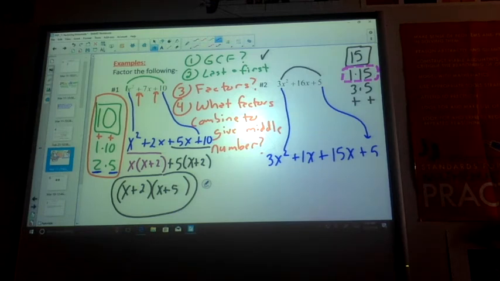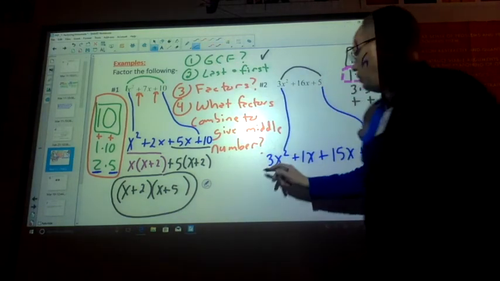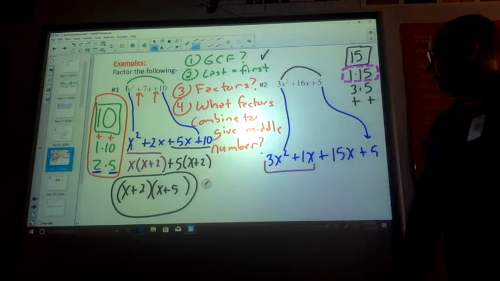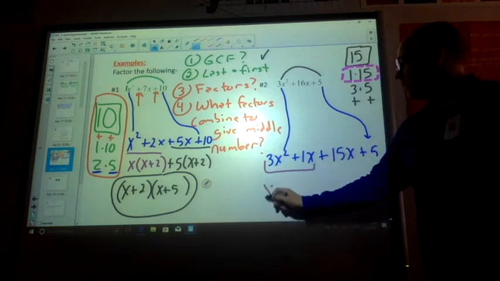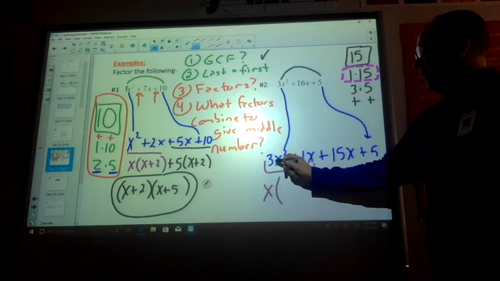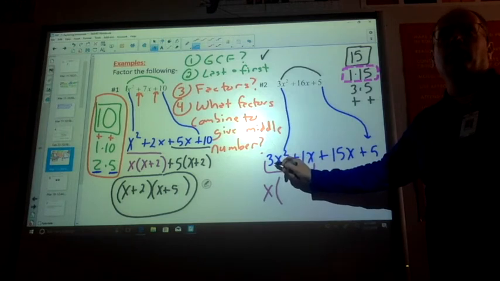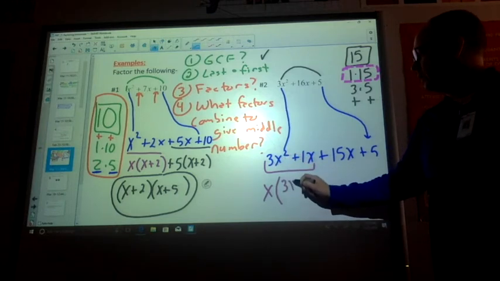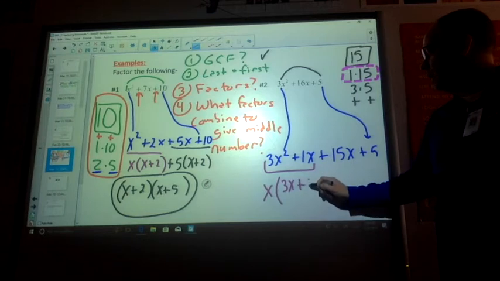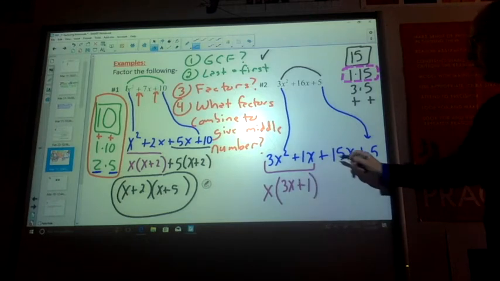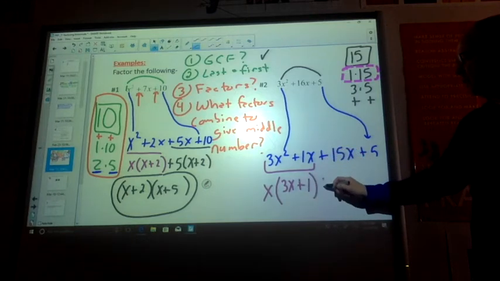Okay? So on these first 2 right here, what do I have in common? X. If I factor an x out of 3x squared, which is 3xx, I'm left with 3x. Plus 1. Remember, this sign stays as is.